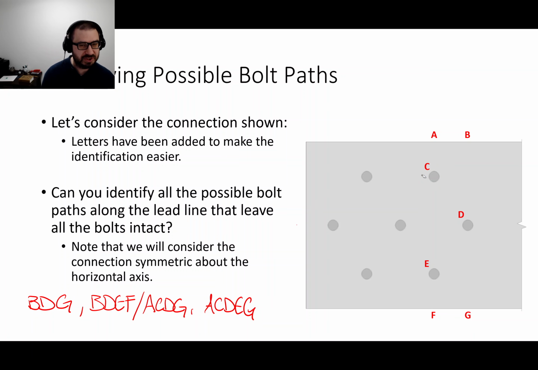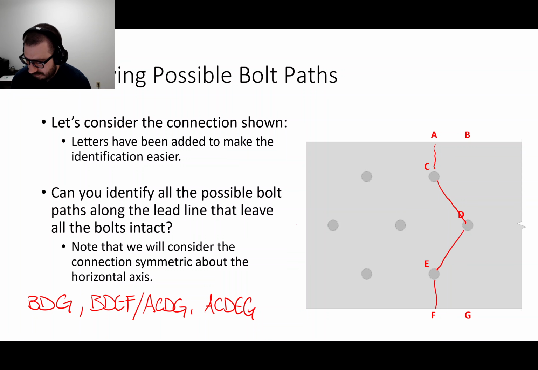That's where the naming convention comes from. Now, every single one of these paths, if I separated the member along those paths, would leave all of the bolts intact. For example, if I fractured here, here, here, and here, I could take that right piece of plate off, and all of the bolts would remain intact.